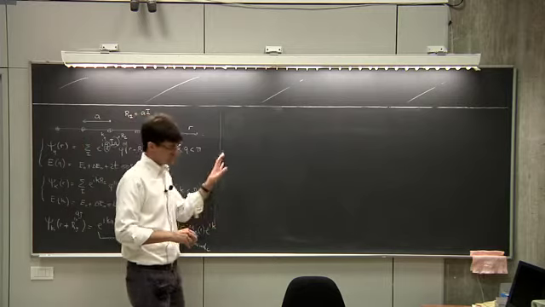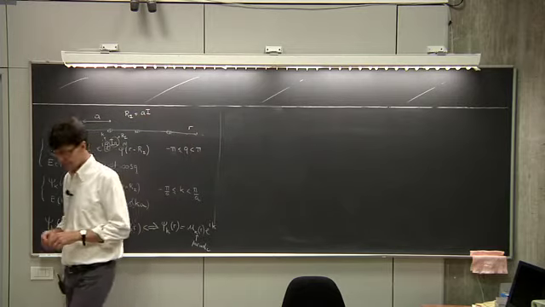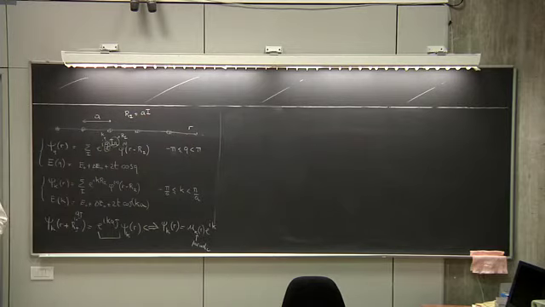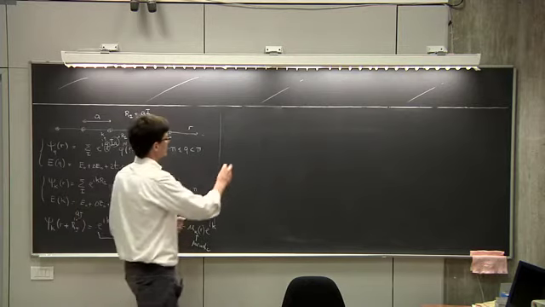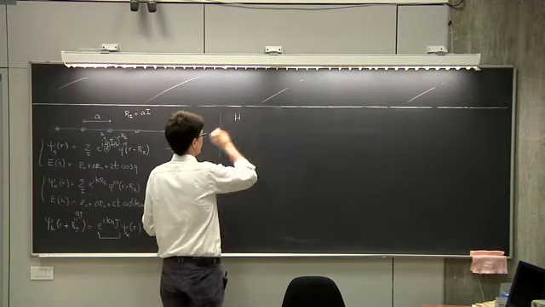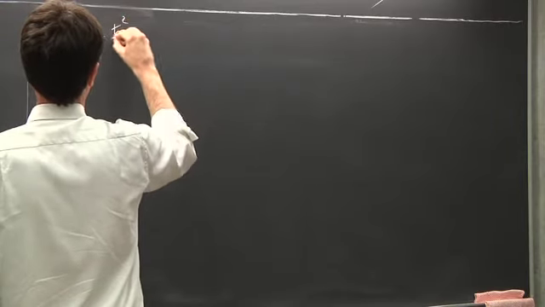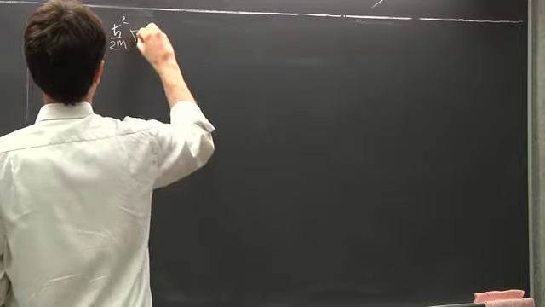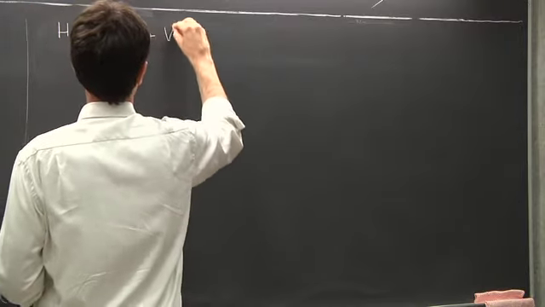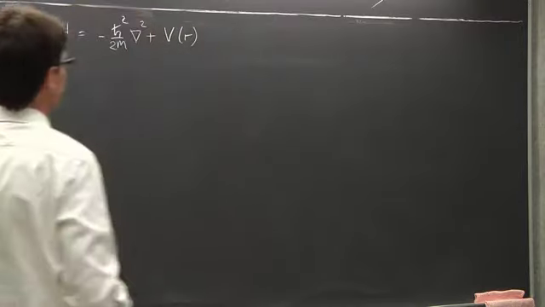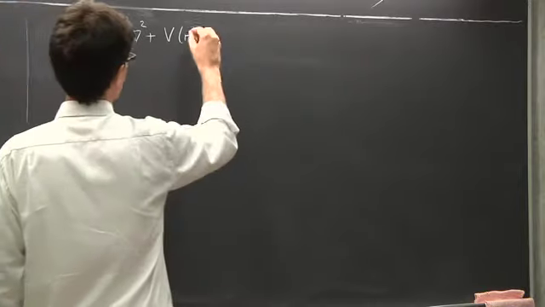Okay, so I'm now going to make a number of statements, most of which I'm not going to prove, but if I don't prove them, we proved them in this particular example. So the first statement is, what is the Hamiltonian I want to discuss? The Hamiltonian I want to discuss is a Hamiltonian V of R, and I'm now going to be general.